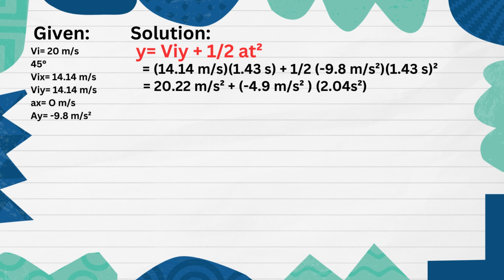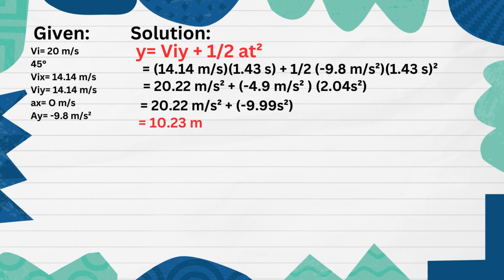Then multiply the two numbers on the side. The answer will be negative 9.99. Then we are going to add these two. The answer will be 10.23 m. The seconds squared will be cancelled, so meters is the unit we use.